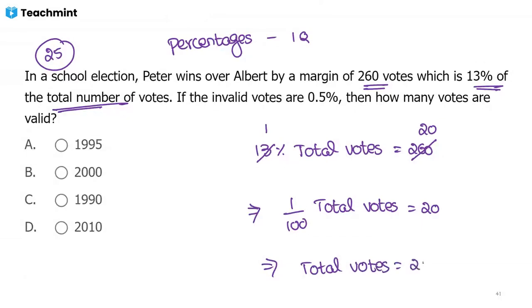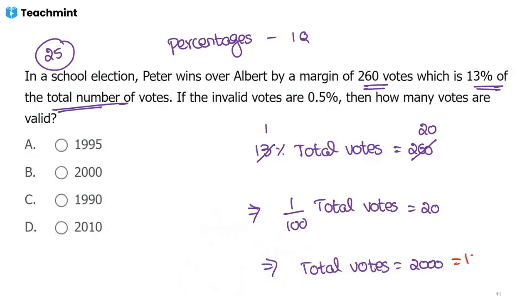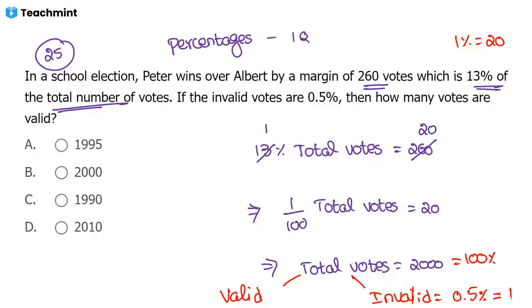What are they asking? Among 2000 votes, 0.5% are invalid. This is 100%, and 100% is 2000. Among that, there are valid and invalid votes. 0.5% is invalid. 1% is 20, so 0.5% is 10. 10 gone.